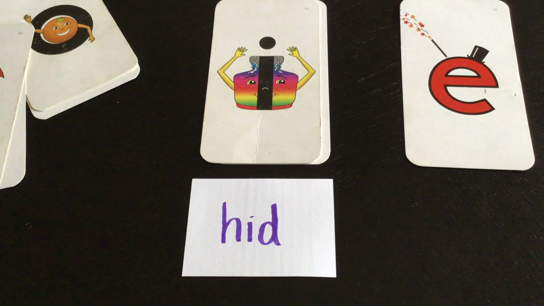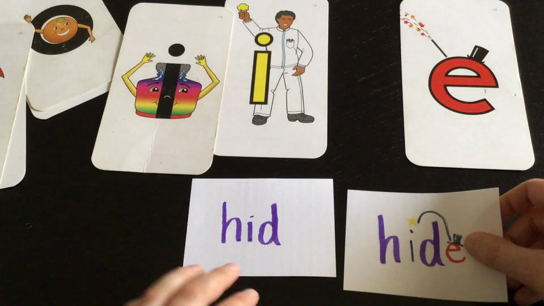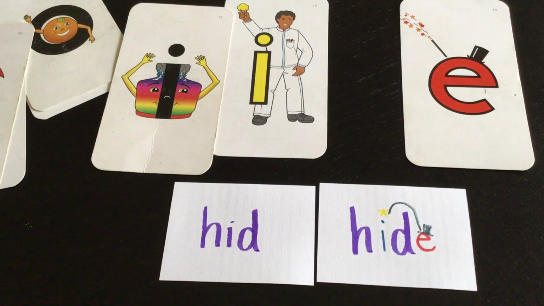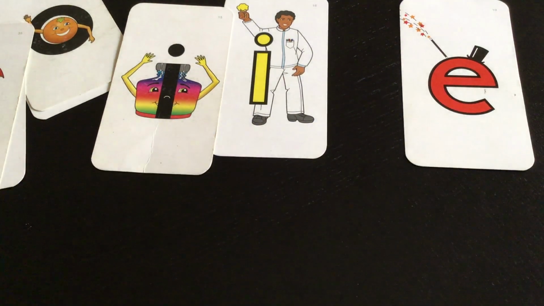Hid, right? If we add a magic E to the end of the word hid, we change Impy Ink into Mr. I, and we get the word hide, like hide and seek, right? Hide. Okay, ready for the next one?